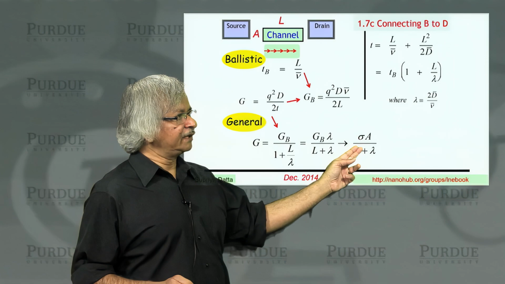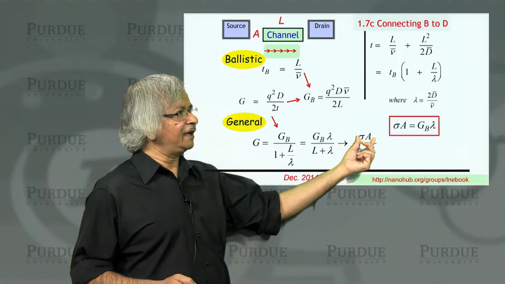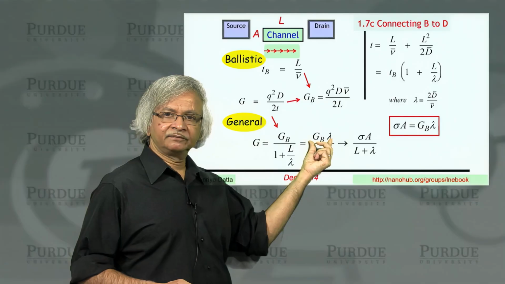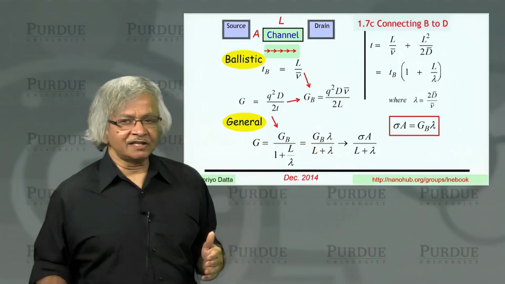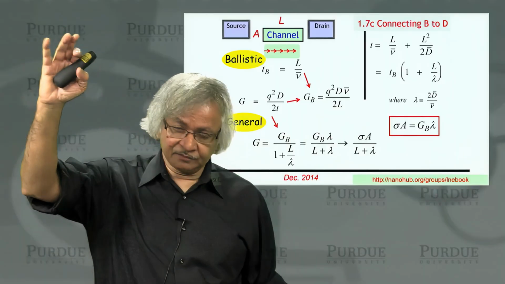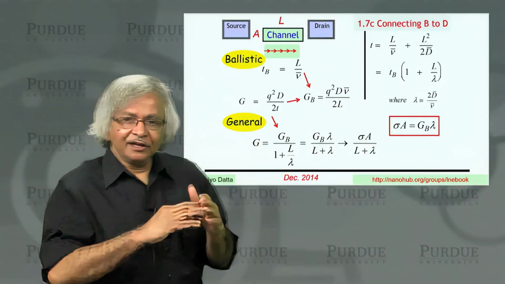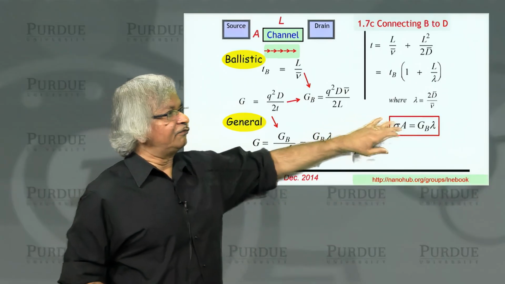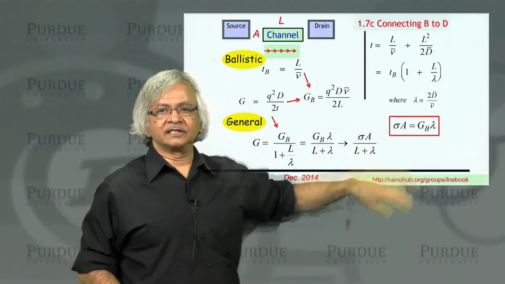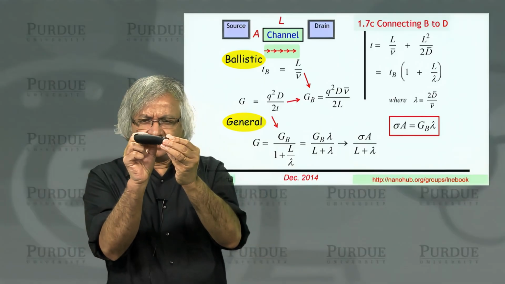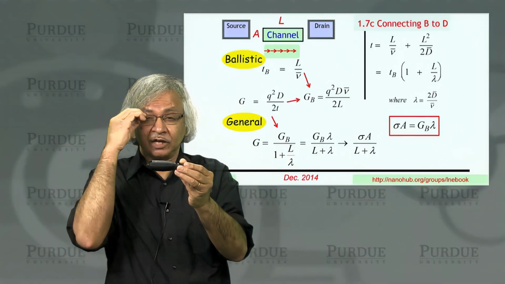See? And the thing to note then is that the sigma A you can identify with this GB times lambda. So the usual understanding of conductivity, as I said, starts from large conductors. Whereas in this new perspective that we are using here, the fundamental thing you first look at is the ballistic conductance. For any material, the first thing you ask is, if I made it really short, what conductance would I measure?